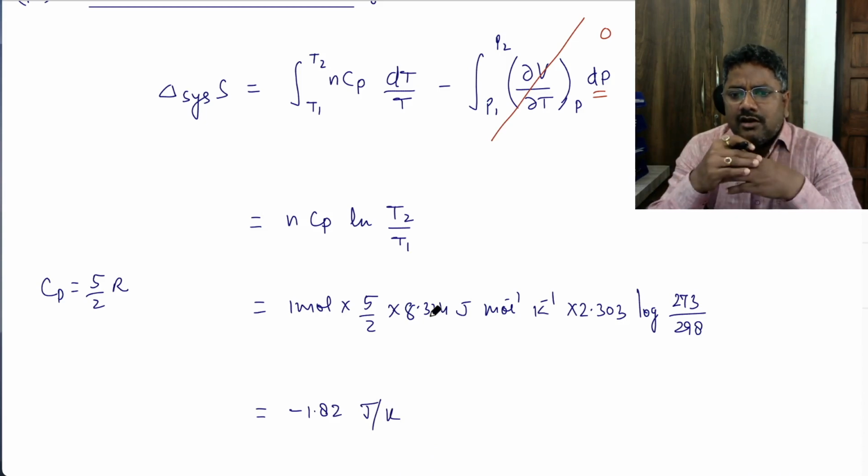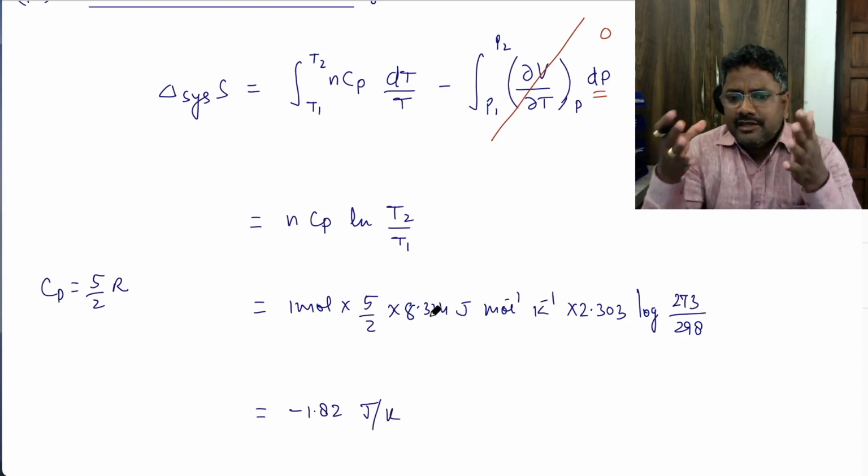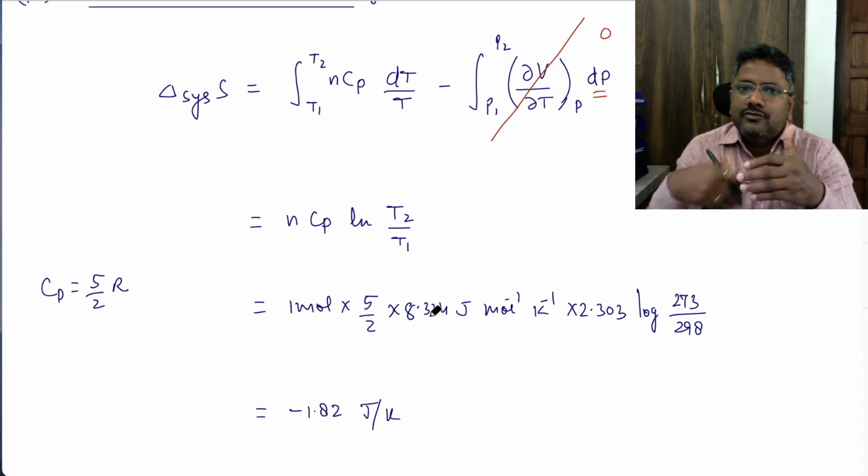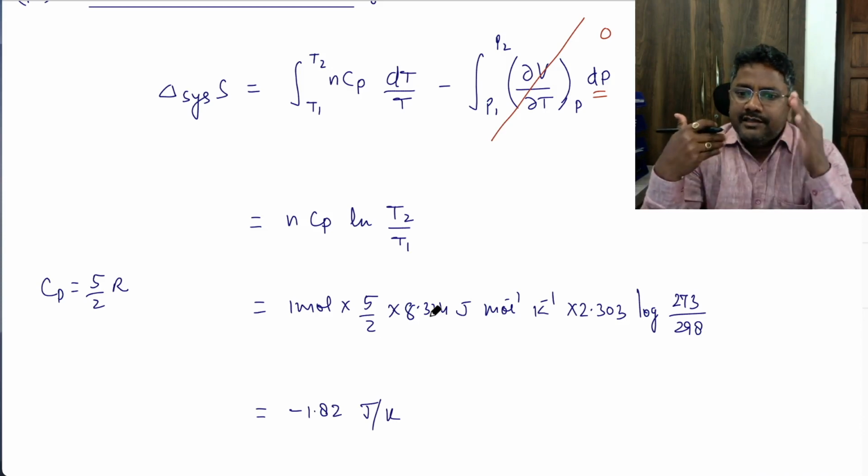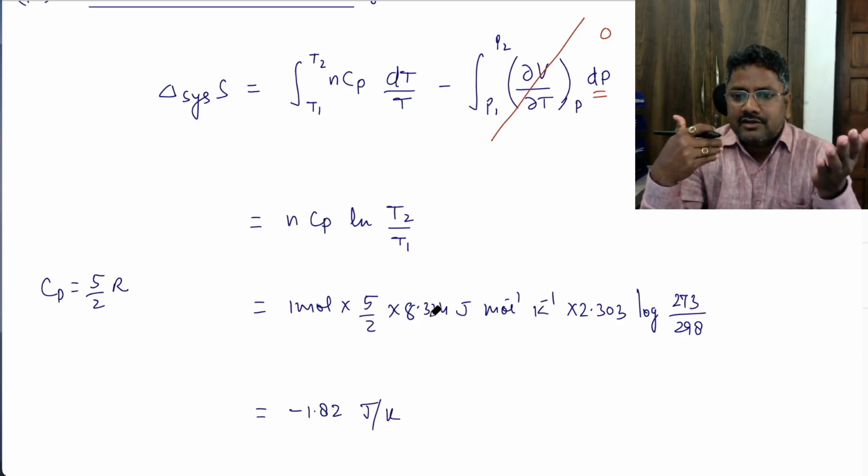So obviously this is very much justified, because in your energy system, you have to provide more energy to the system to raise the temperature by 1 degree under constant pressure condition. So obviously, if you are putting more energy into the system, randomness will be more.